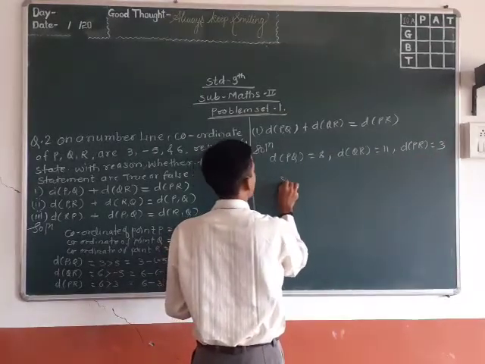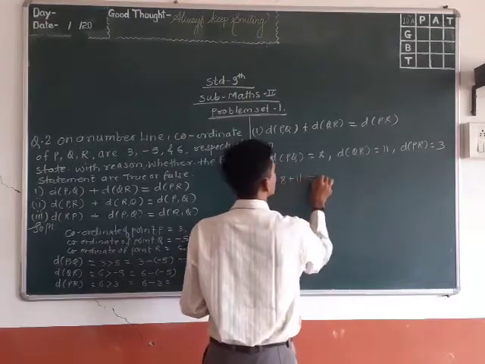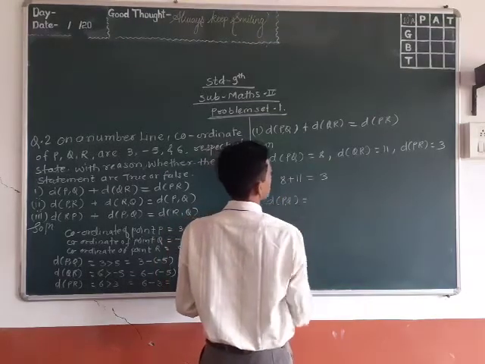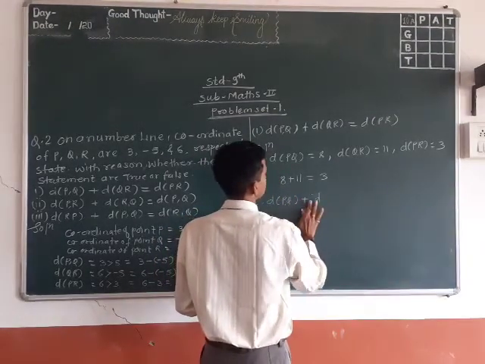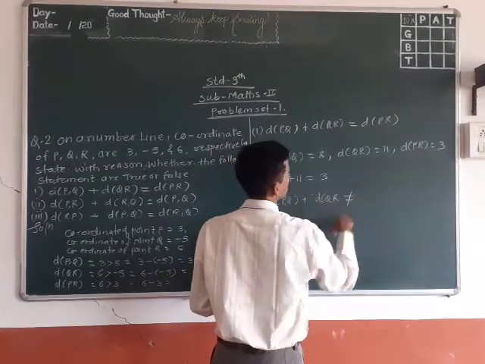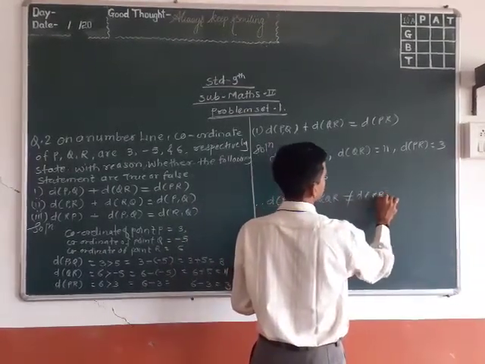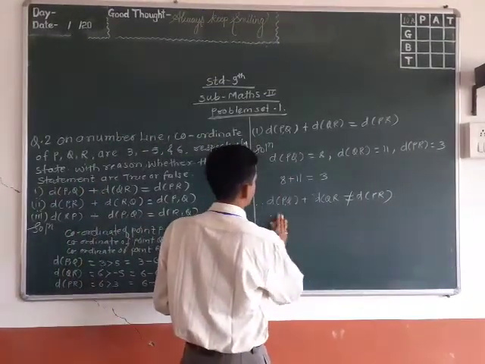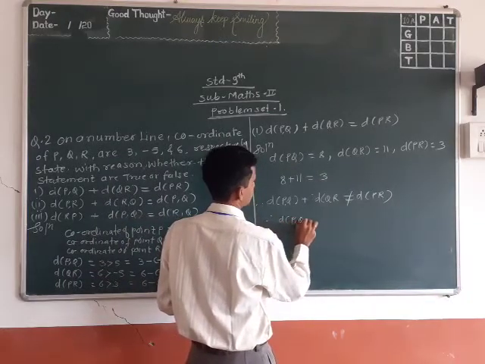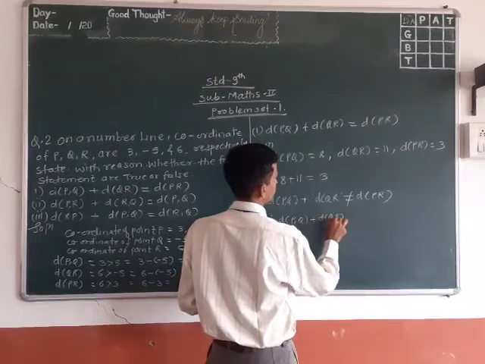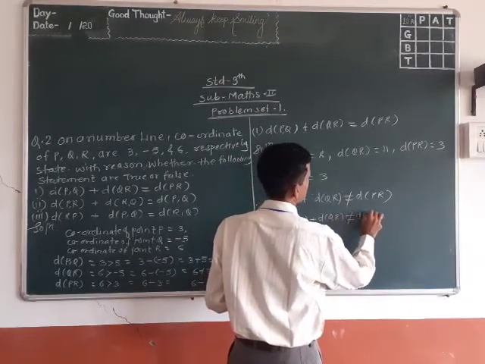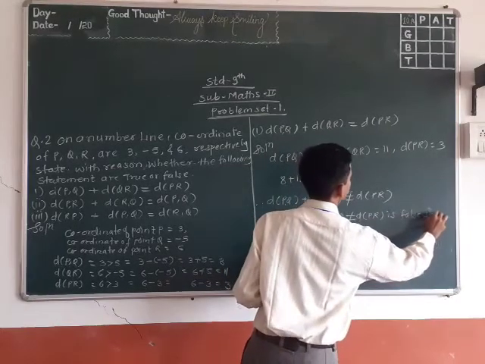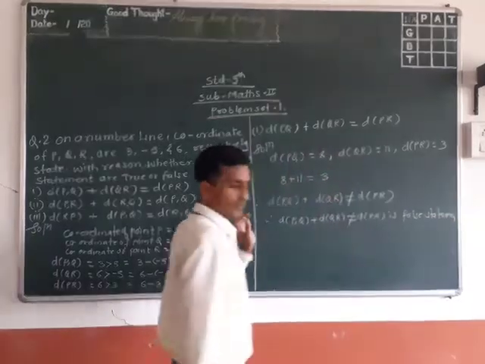Substituting values, 8 plus 11 is not equal to 3. Therefore distance PQ plus distance QR is not equal to distance PR. The statement is false.